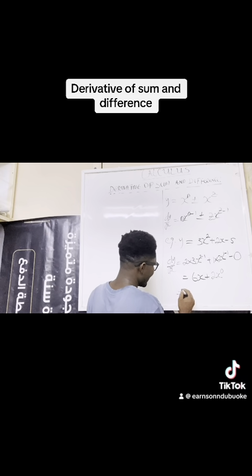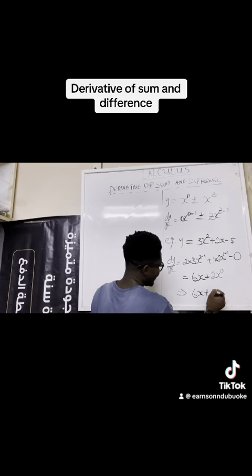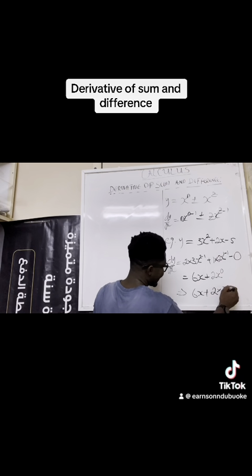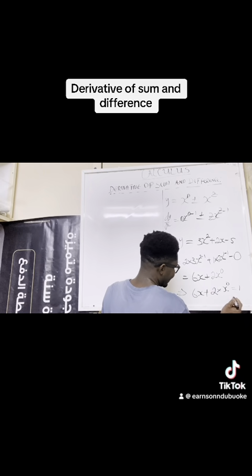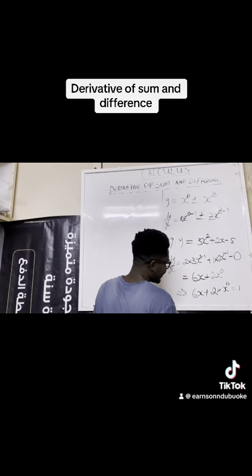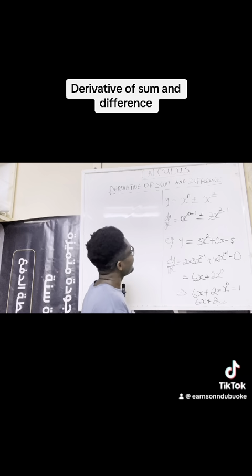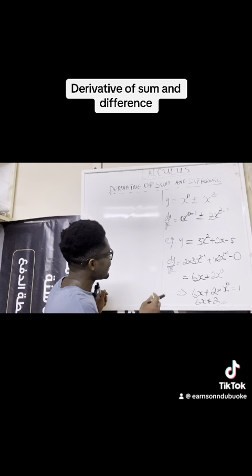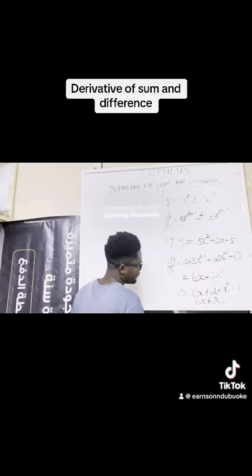That will say that this one implies 6x plus, let me separate this, the same thing as 2 times x raised to the power of 0. And x raised to the power of 0 is equal to 1. So this 2 multiplied by 1 is 2. That will say that here now becomes 6x plus 2. So the derivative of 3x squared plus 2x minus 5 is equal to 6x plus 2.